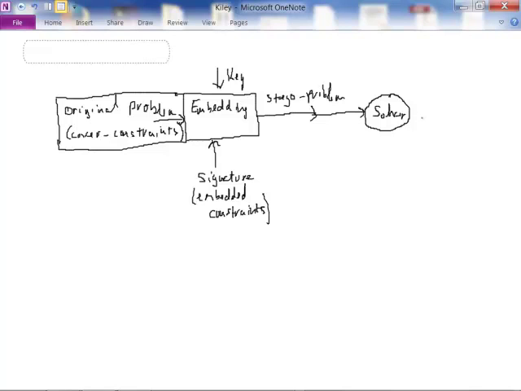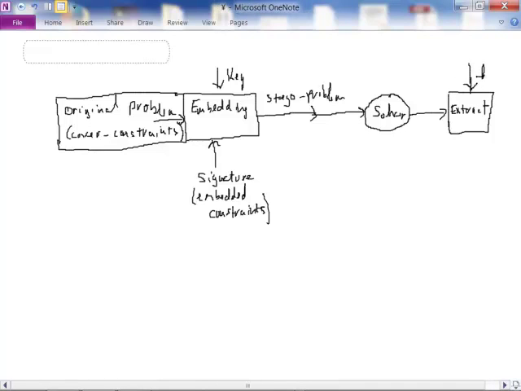Then, using the solved problem, suppose we wanted to recover the signature so that we can show that we did embed this information. There's an extraction algorithm which uses the original key, and the output is the signature.